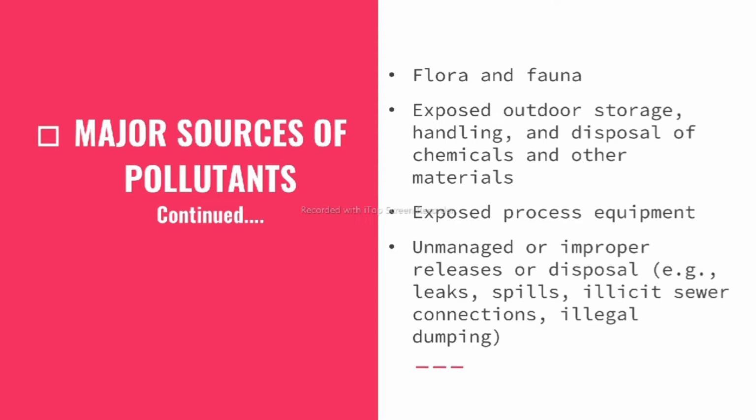Next, exposed process equipment. Then, unmanaged or improper releases or disposal of leaks, spills, illicit sewer connections, and illegal dumping are some of the human activities that may contribute to the major sources of pollutants of our drainage structures.